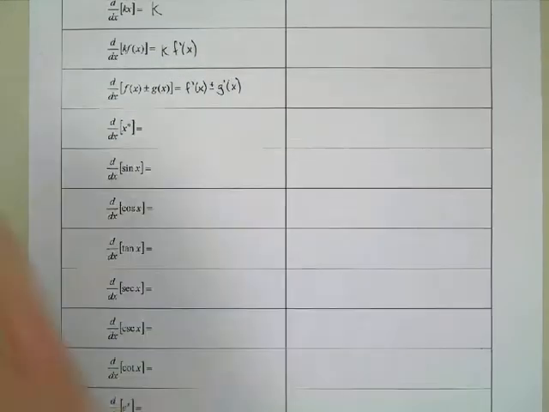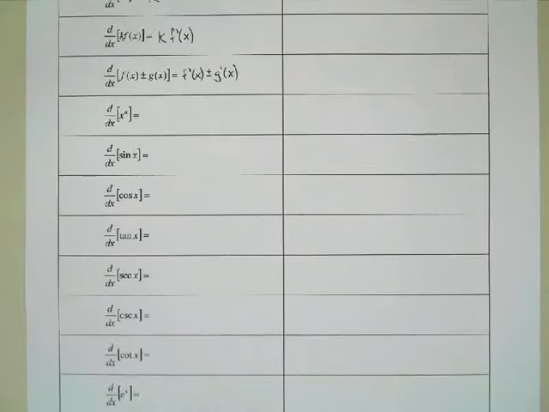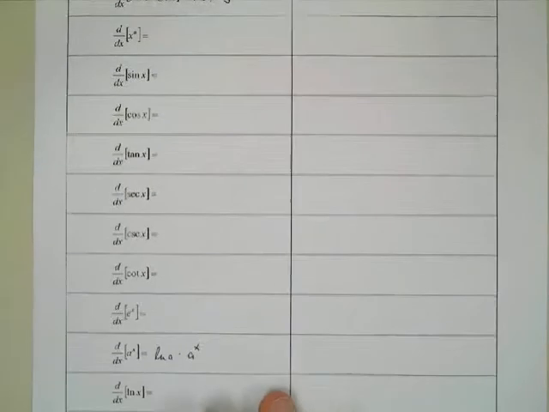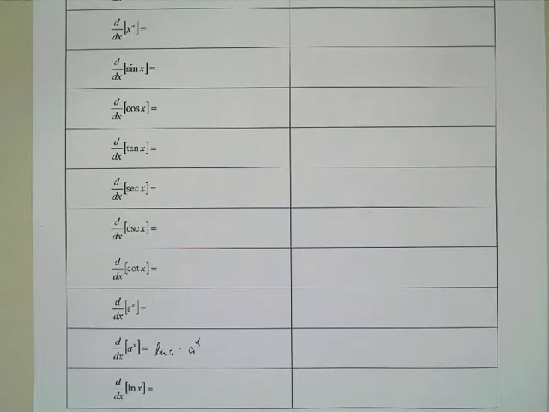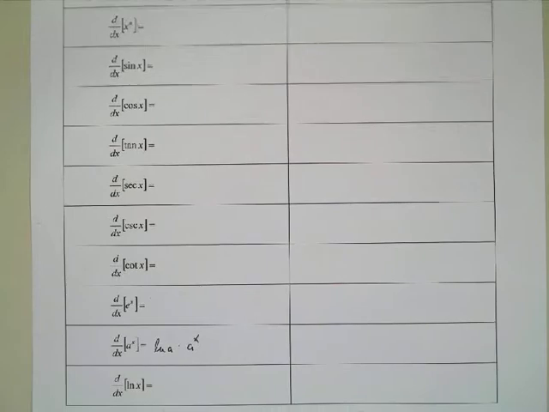X to the n. Tangent is secant squared. Cosecant is negative cosecant cotangent.